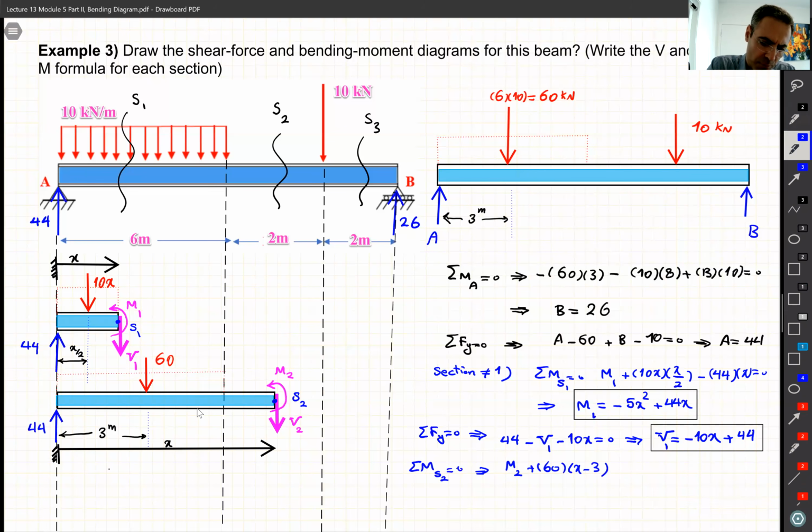And then what else? We have 44 multiplied by X, and it is negative. 44 multiplied by X equal to 0. It gives me M2. If I do that, it's going to be 16 or minus. Please always check my calculation. Plus 180.